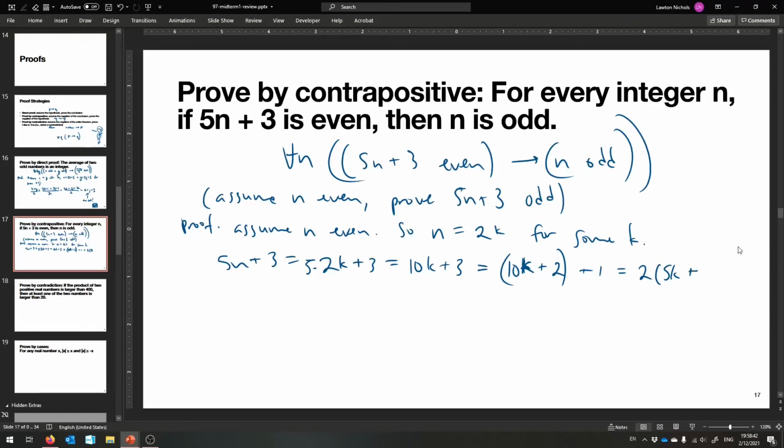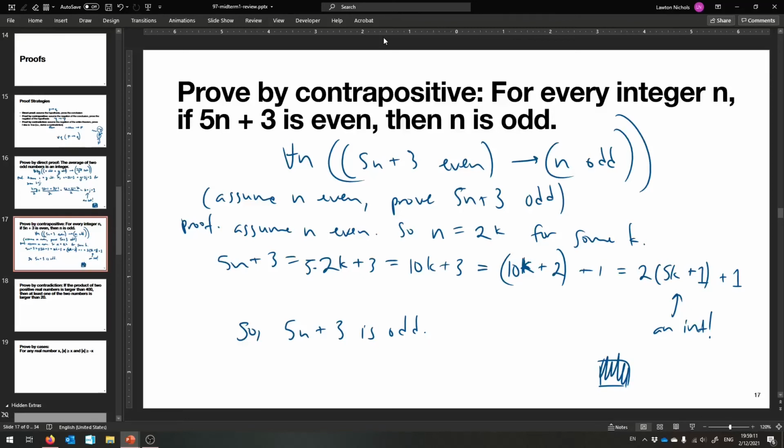So it's 2 times some integer plus 1, and that's your requirement for it to be odd. So 5n plus 3 is odd, and that proves the original theorem because it was the contrapositive of it.